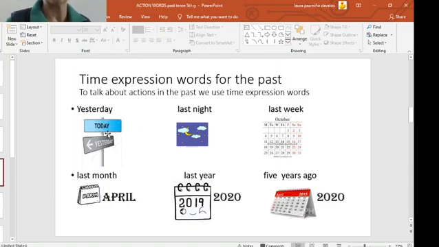Nos ayudan a decir, si yo digo, I worked hard, y puedo decir last night. Estoy complementándoles y les estoy contando que anoche trabajé duro. I worked. ¿Sí? Y worked is a regular verb. ¿Sí estamos claros? Ok, vamos a continuar con esta clase.